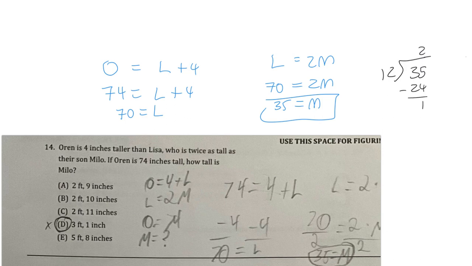Next thing you know, we have 11 there, and that's the remainder. So we're looking at 2 feet and 11 inches. I got this 2 from here, and I got the 11 from here. And that's answer choice C.